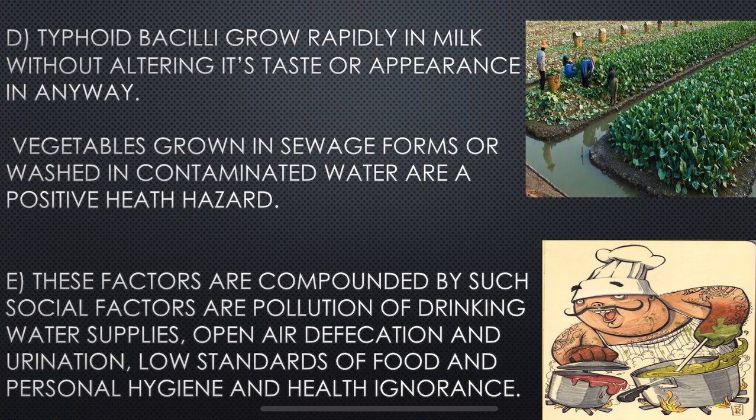The pollution of drinking water supplies also compounds the infection, as do open air urination, low standards of food and personal hygiene, especially in slum areas, and health ignorance. All of these contribute to the increase in the infection.